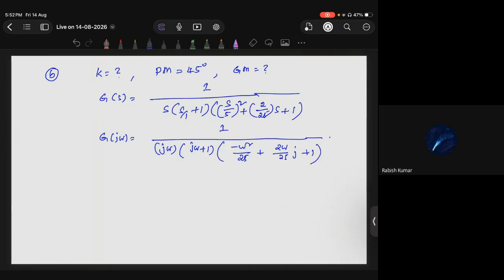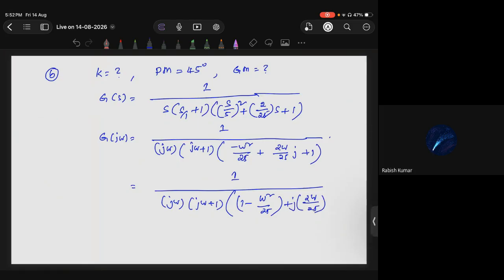That is our equation. So how do you write this one? Separating the j terms and real terms: j omega plus 1, and here 1 minus omega squared by 25 plus 2 omega by 25 j.